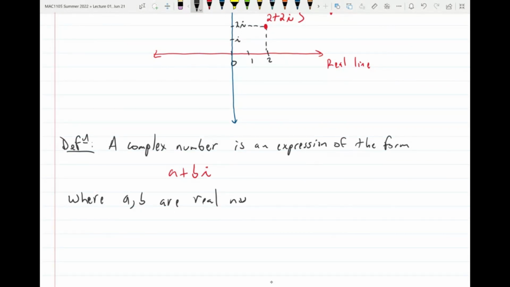Okay, a and b are actually real numbers. And i is that symbol that when you square, you get -1. Okay? So whenever you see something like this, then we are in the presence of a complex number.